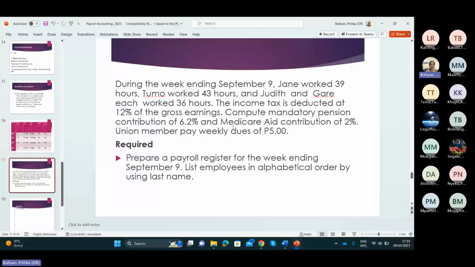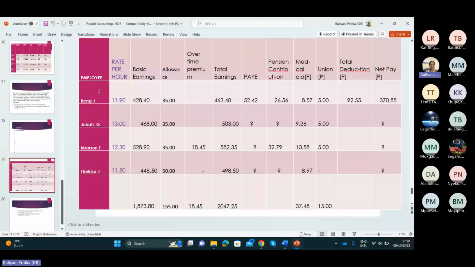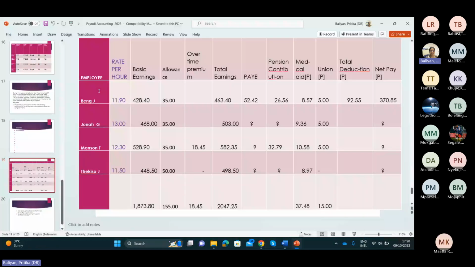So we start with Judith Gare, who worked 36 hours in the week ending on 9th of September. The hourly rate for him is 11 pula 90 thebe.